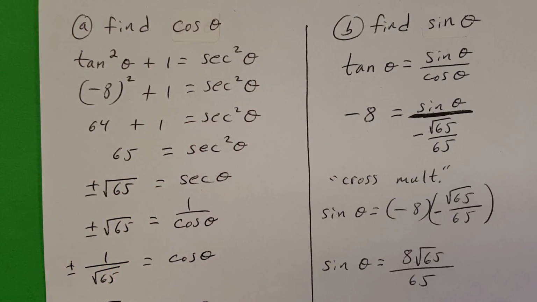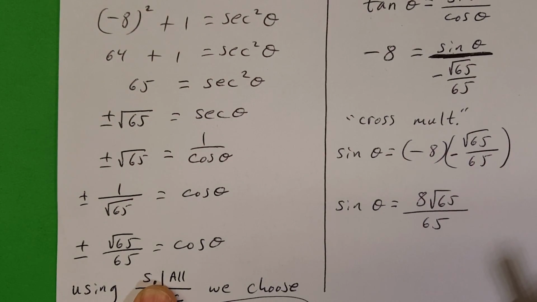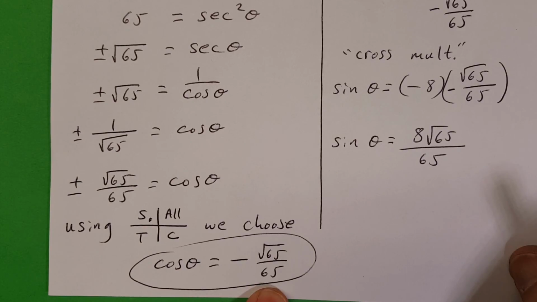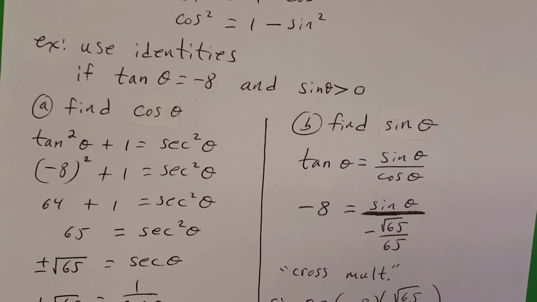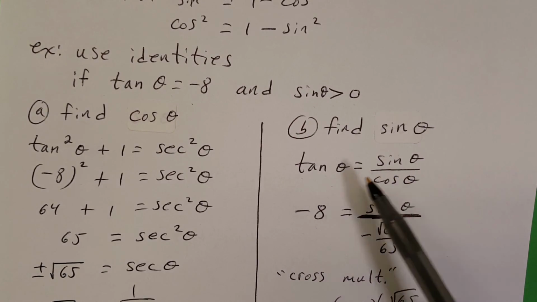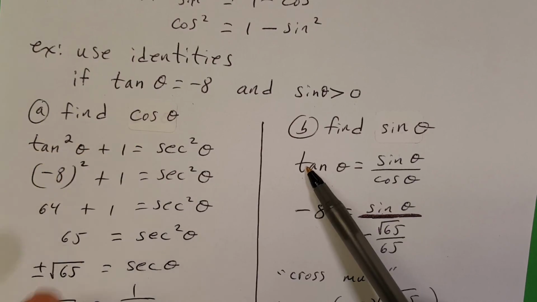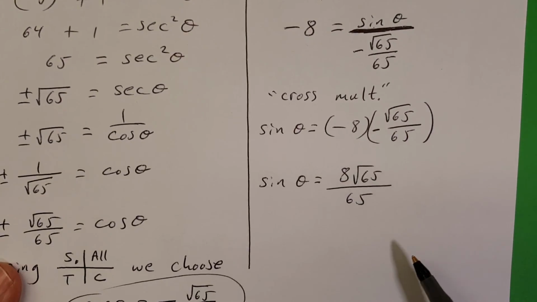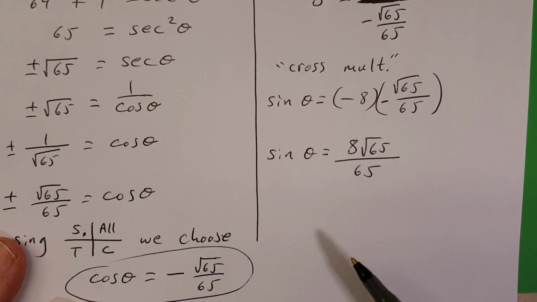Substituted the numbers and solved like an equation. There was a reason why we chose the negative. We talked about what the reason was, why we chose the negative answer. Then we moved on, because now we have cosine, so we can use this identity. I know tangent from the given, and I know cosine because I just did it. So I replace those numbers and do the math. And that's it.